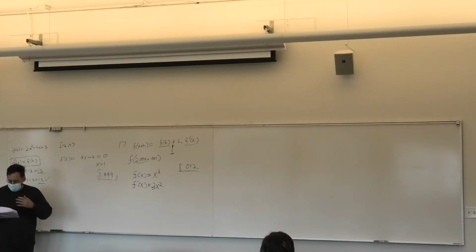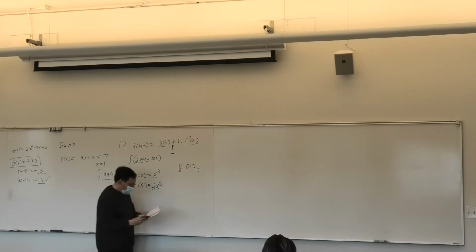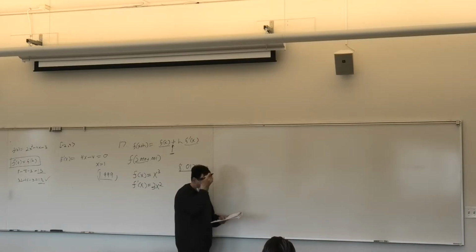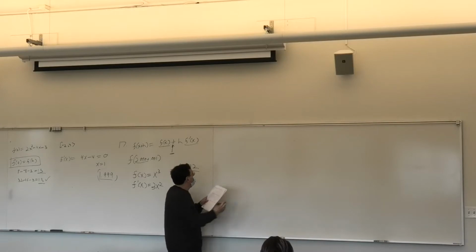All right, now here's a problem that apparently was much harder than I anticipated. I know we had a homework problem exactly like this. I don't know if we went over it in class.